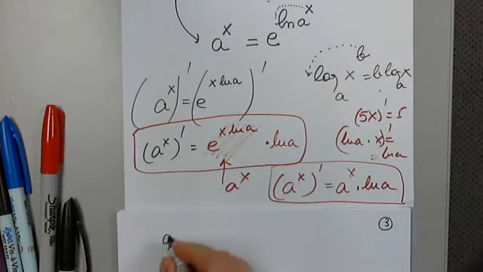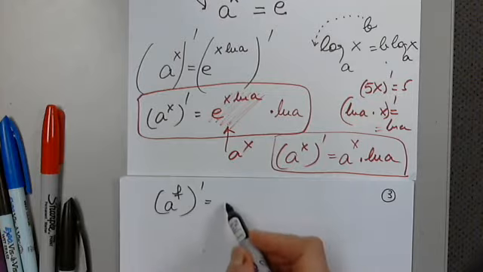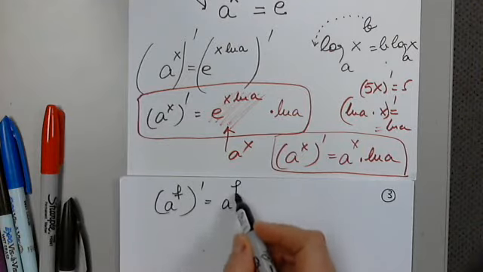And now, of course, I'm going to ask you this. When we differentiate an exponential function or an exponential expression with a base other than e and some function, what does this equal to? A raised to the derivative of the function.